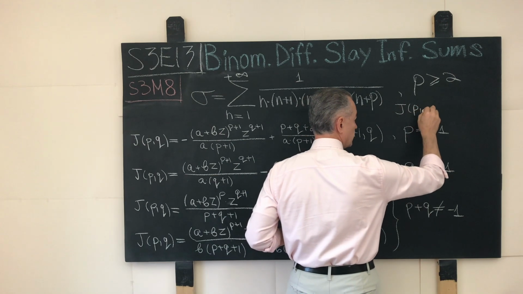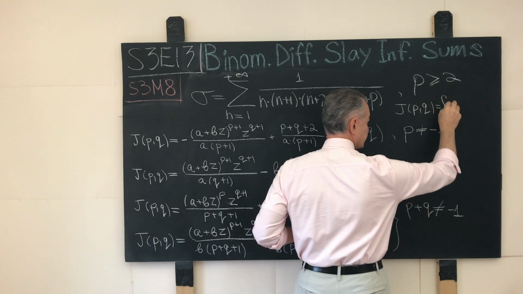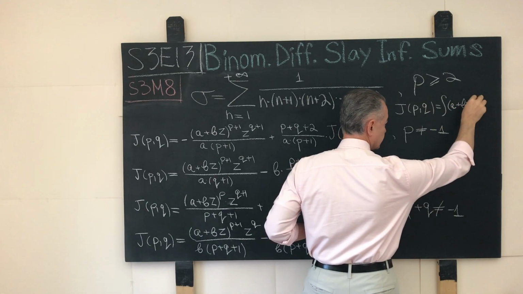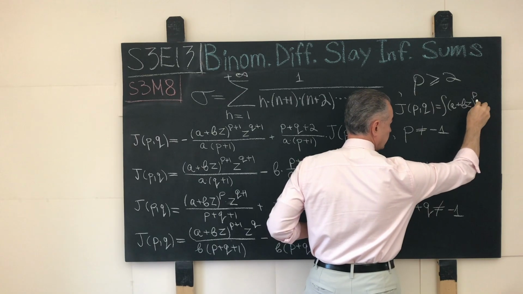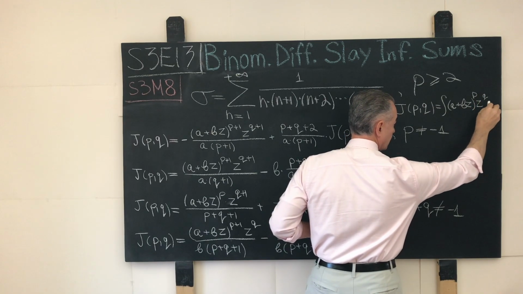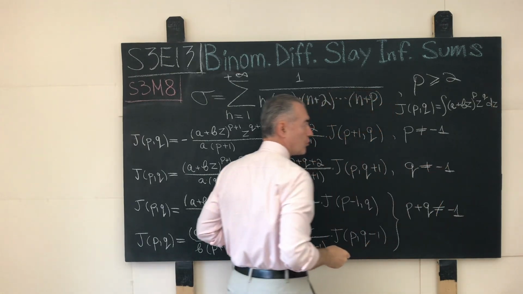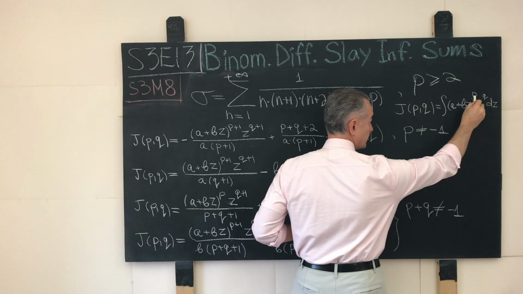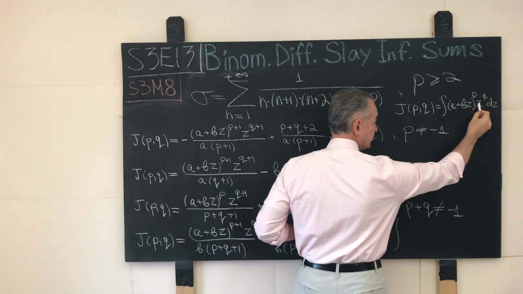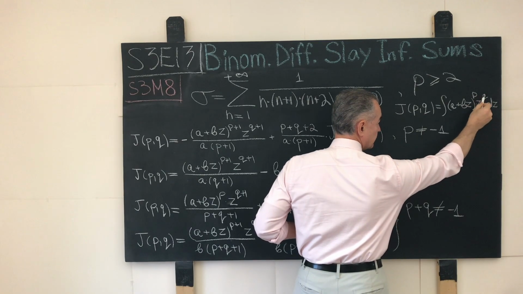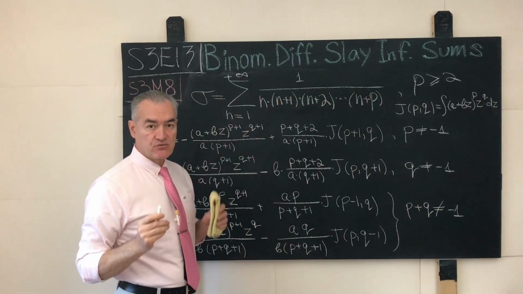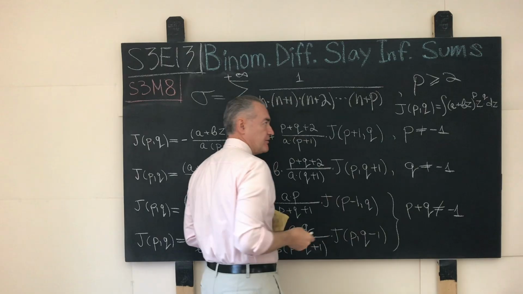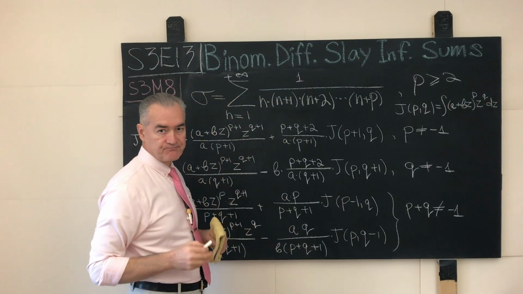So we have J_{p,q}. We defined it as an integral of 1 over (a plus b times z raised to the power of p) times z raised to the power of q, integration carried out over the variable z. So (a plus b times z) raised to the power p times z raised to the power q. p and q are generally taken to be rational numbers. a and b are taken to be constant real numbers, and that integral comes in 2 flavors.